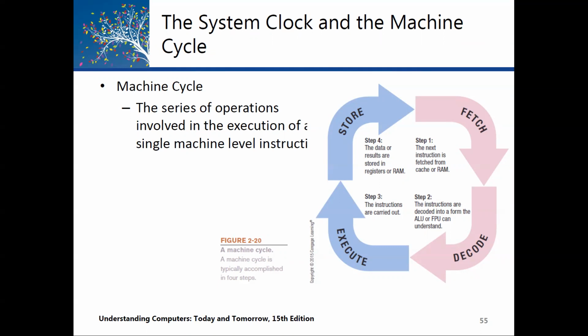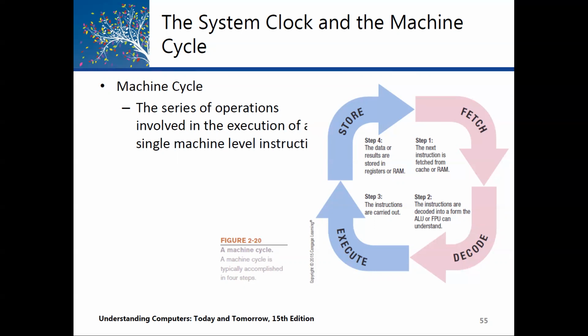So the results that are computed are stored back from the register to the RAM or to the cache, right? So these are the four operations involved in the machine cycle. Fetch means fetching the data into the CPU, then decoding the instructions, executing those instructions, and the final one is storing the result back to the RAM or to the registers, right?